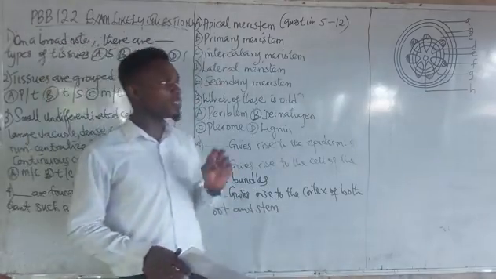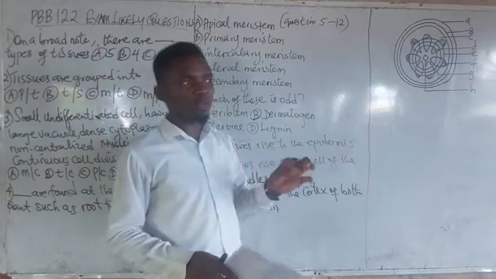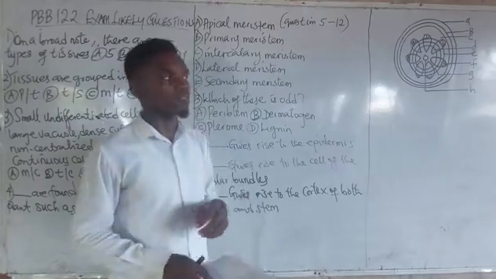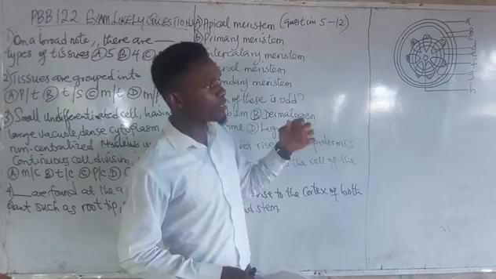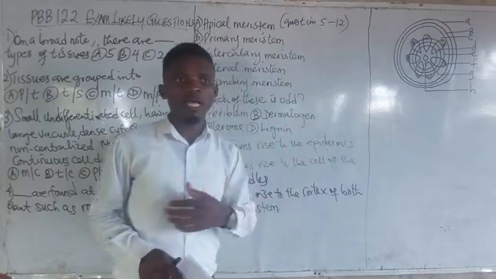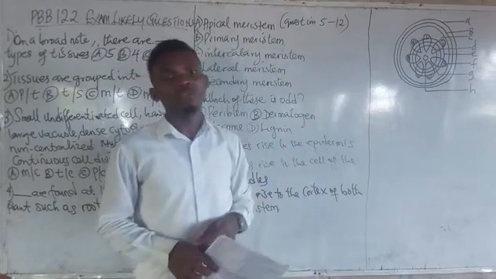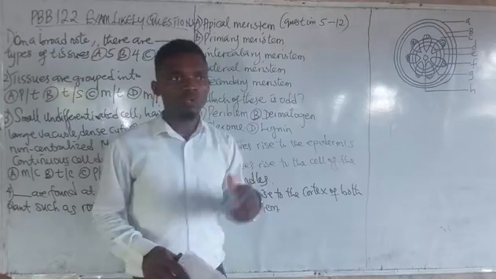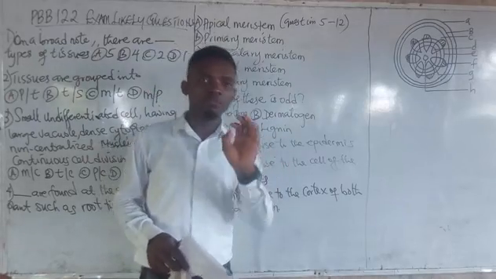You will agree with me that the closing and the opening of the stomata is controlled by the guard cell. Now note that you have more stomata at the lower region of the plant than the upper region of the plant. Please note that in the epidermis are outgrowths in the form of thorns.